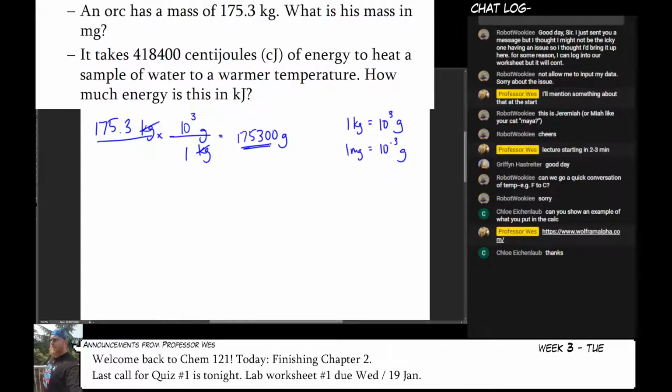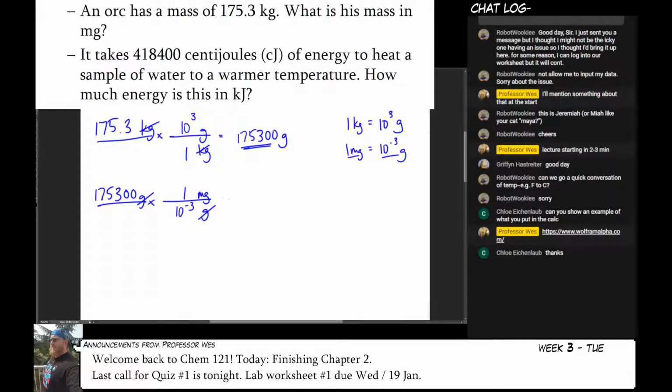But the problem is asking, I don't want grams, I want milligrams. You can see up there, what is this mass in milligrams? So we'll just do this again. We'll cancel out the units so I get the units that I want, and then fill in the numbers again. 1 milligram is equal to 10 to the minus 3 grams.